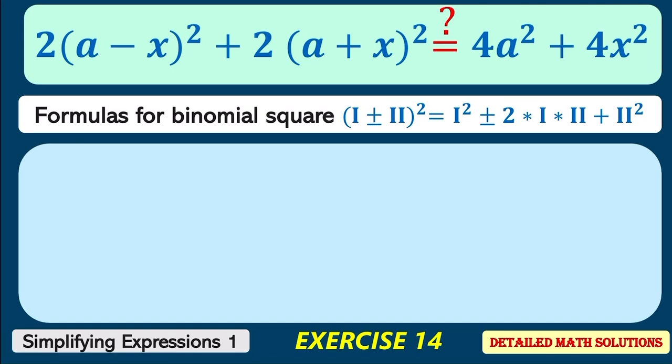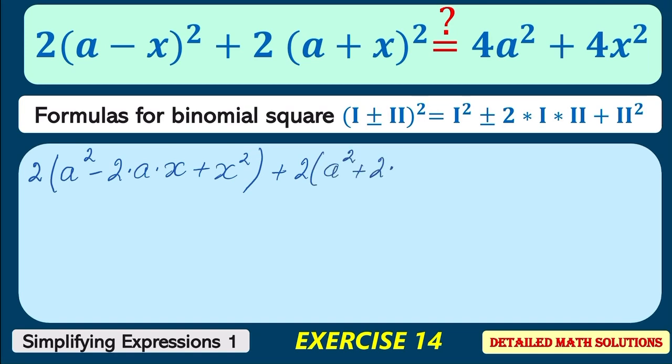When I do that, I get 2 times a squared minus 2 times a times x plus x squared plus 2 times a squared plus 2 times a times x plus x squared. And I need to see if this expression equals 4a squared plus 4x squared.